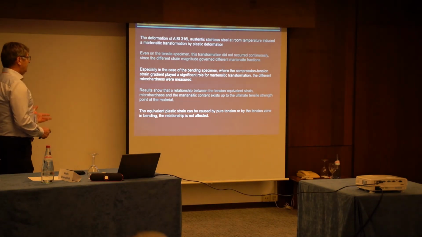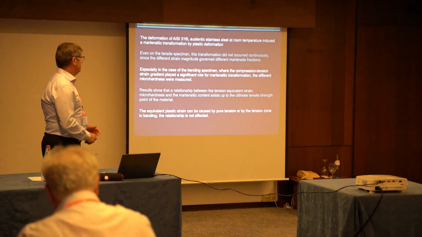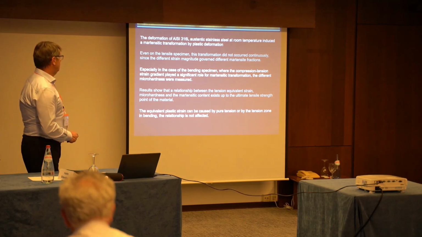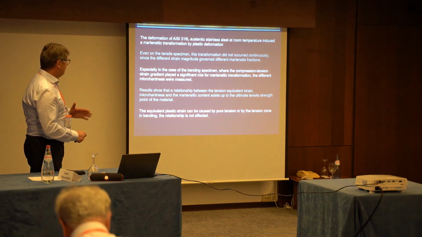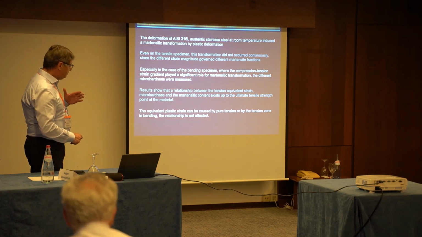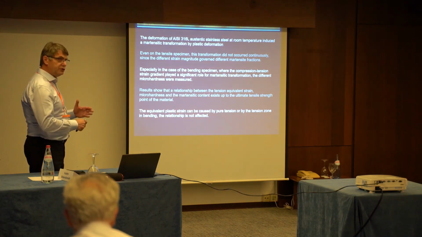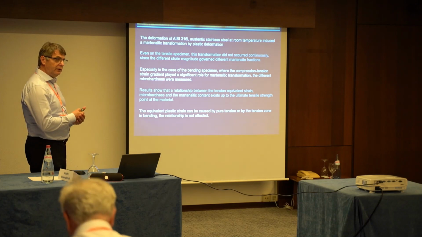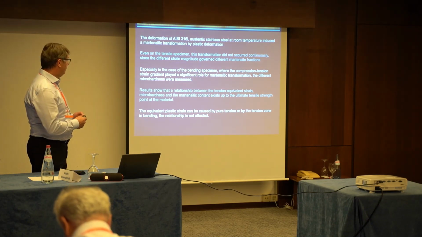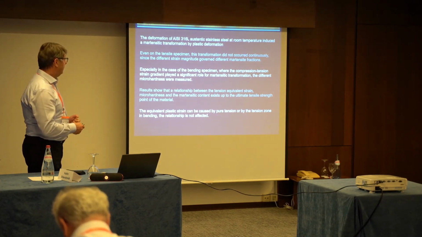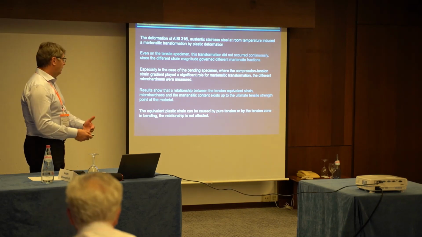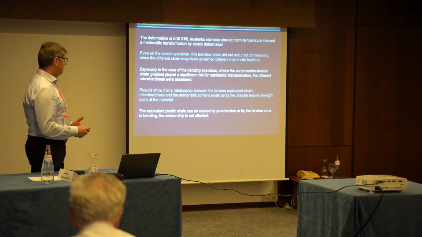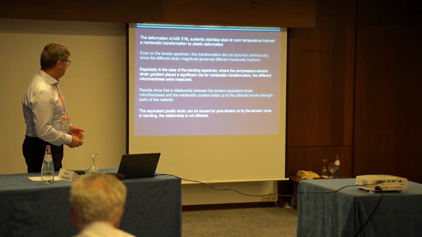I can say that for the deformation of this metastable austenitic material, it's obvious that at room temperature you can get, by deformation, different levels of strain, applied stress and stress. We go to different strain, and from different strain we can calculate the magnetic phase concentration.